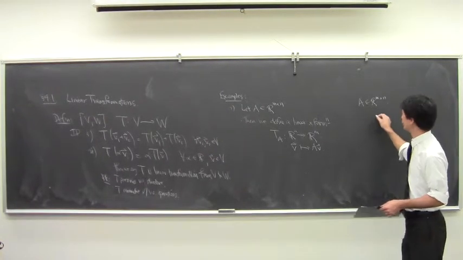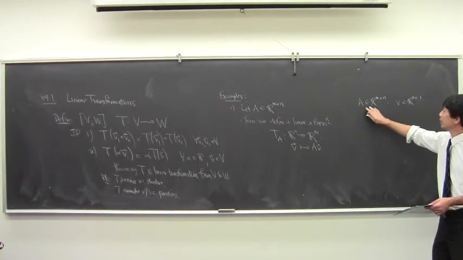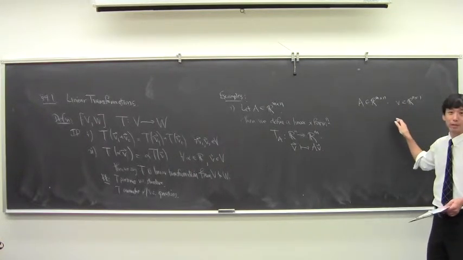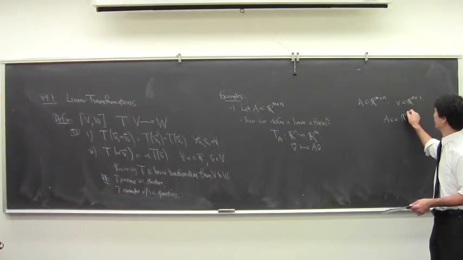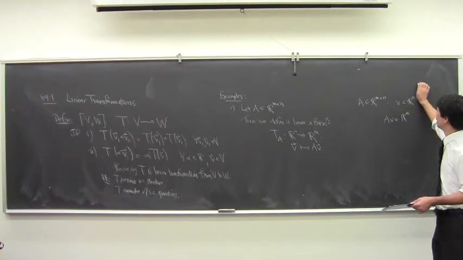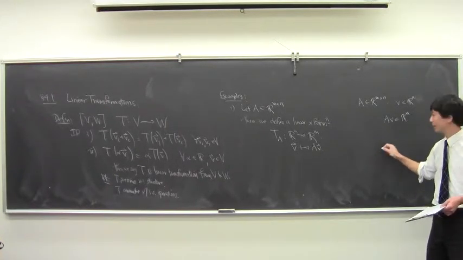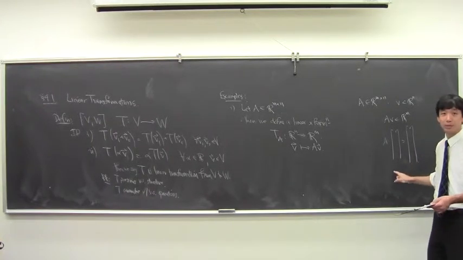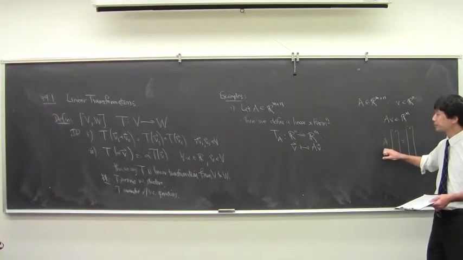So you can use it to act on a vector in Rn. You hit the n by 1 vector, and you end up with an m by 1 vector. So V is in Rn, and then AV is in Rm, just by left multiplication. You have your matrix, and then you hit a vector with it. You get a vector of different size.